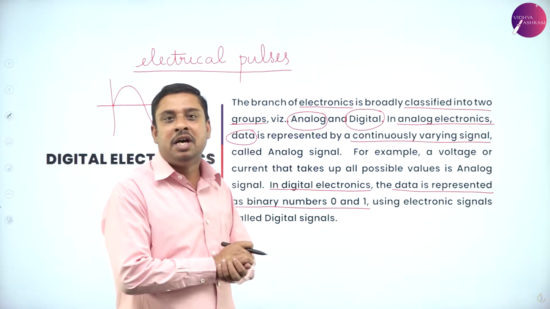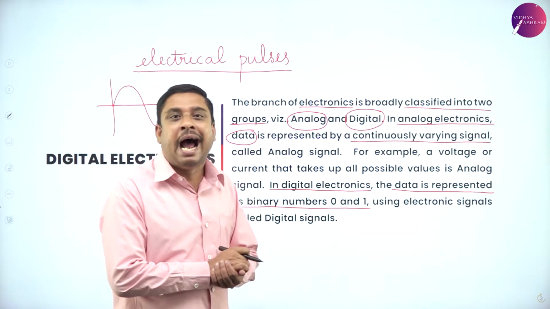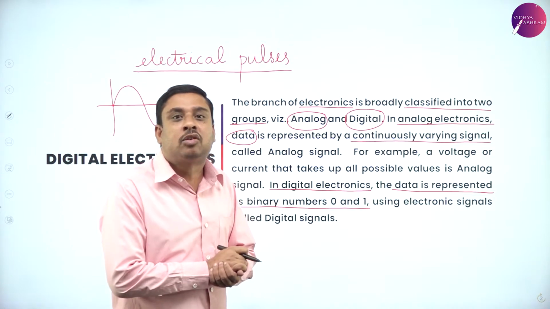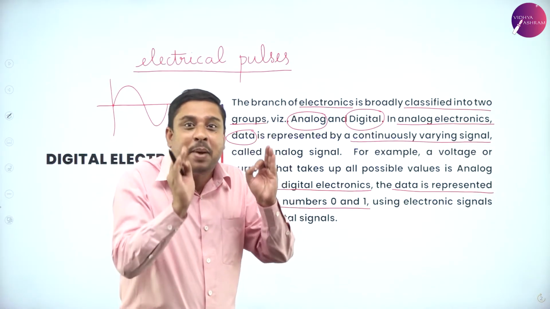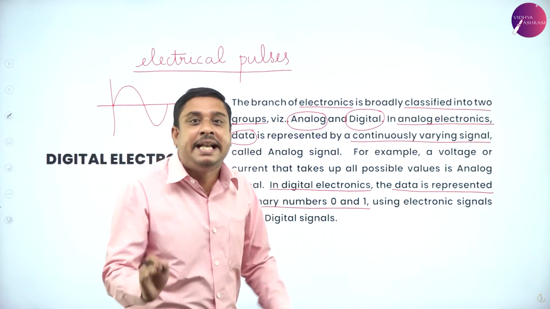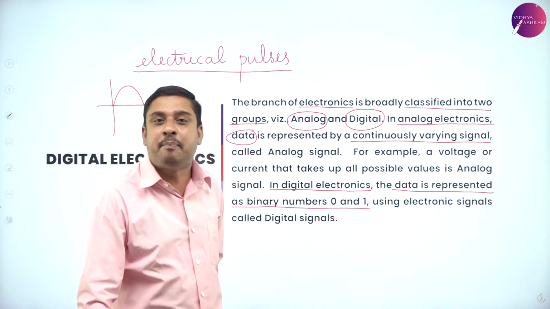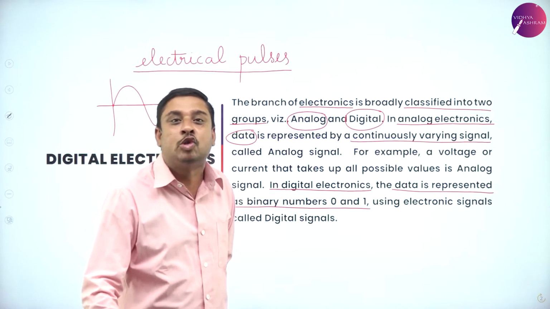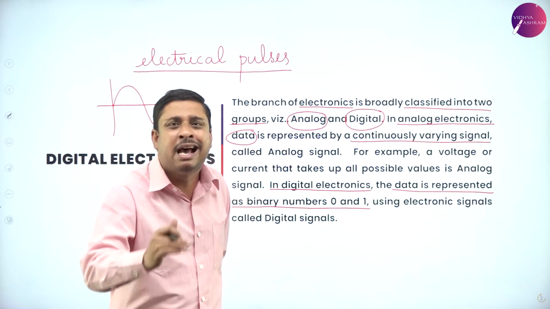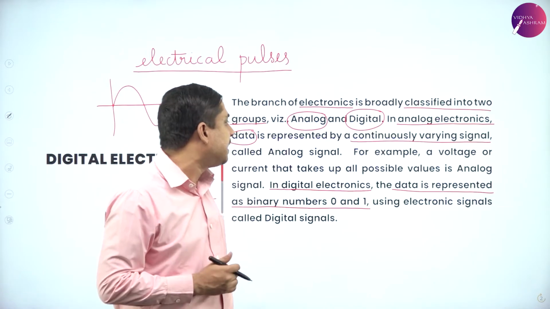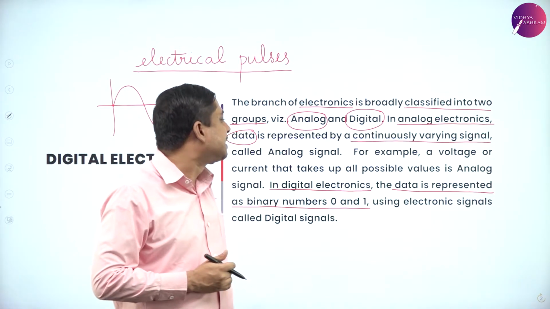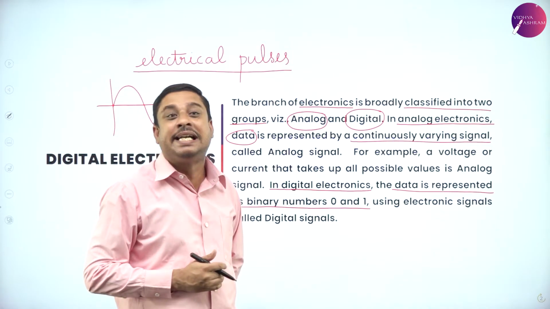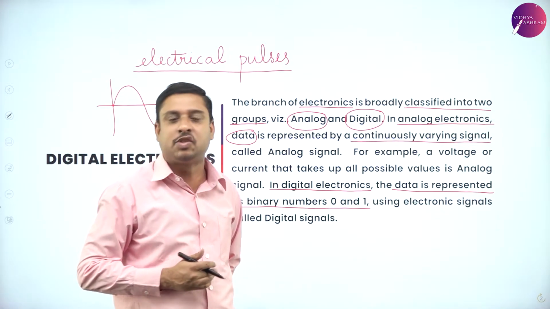So 0 and 1 are called binary numbers, and basically data is represented using binary numbers. How, we understand next. And using electronic signals called digital signals.